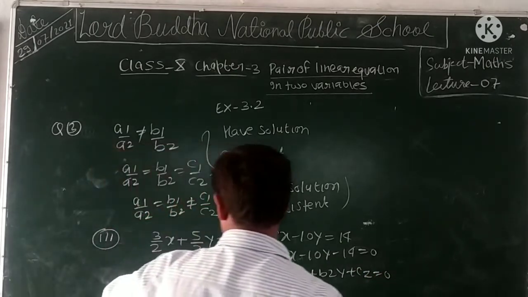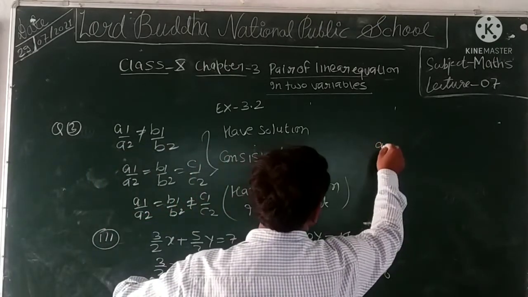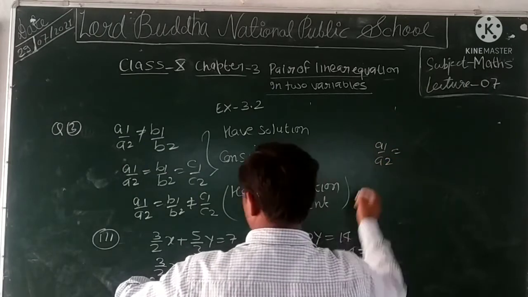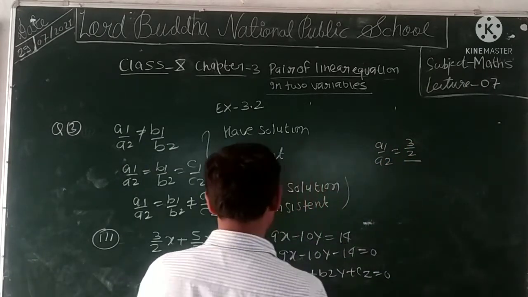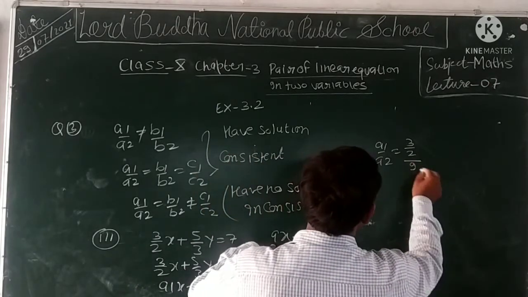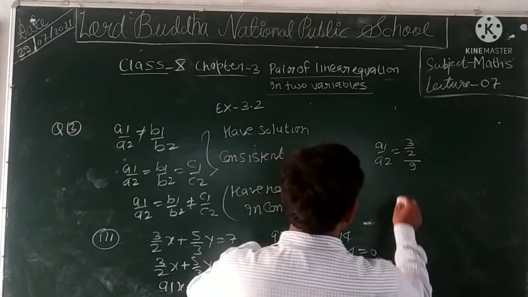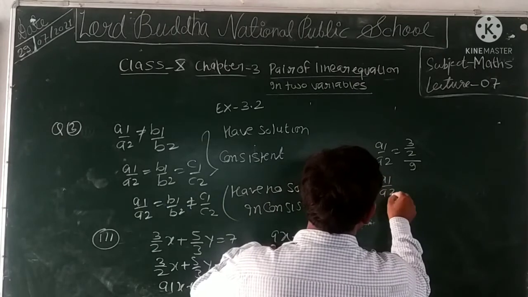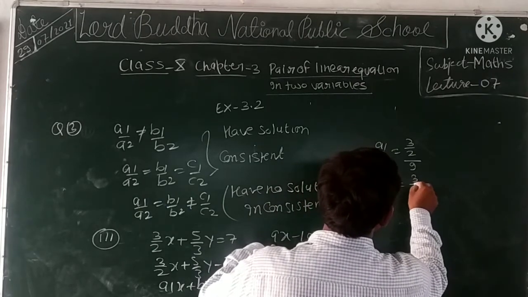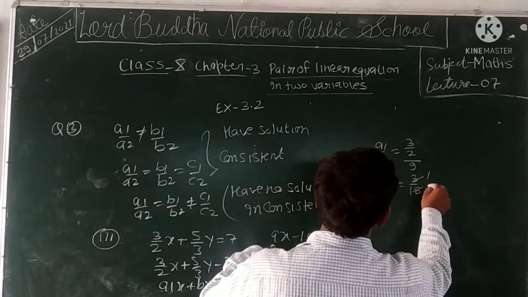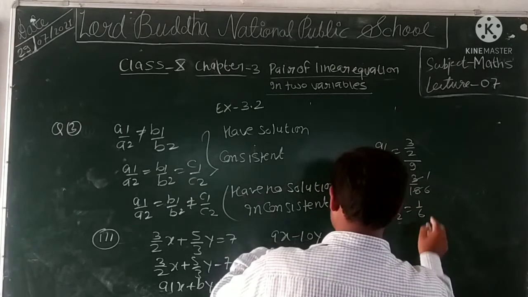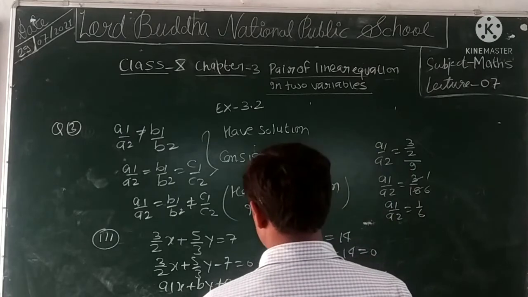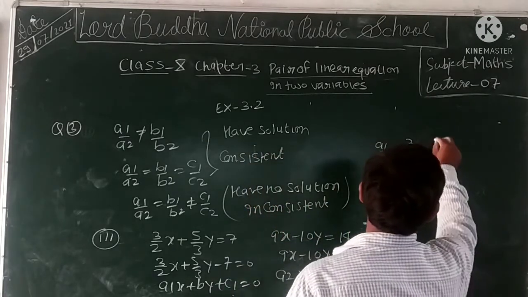Here a1 upon a2 means 3 upon 2 upon 9. Let's solve: a1 upon a2 equal to 3 upon 18, which means a1 upon a2 equal to 1 upon 6. Now we compare b1 upon b2.